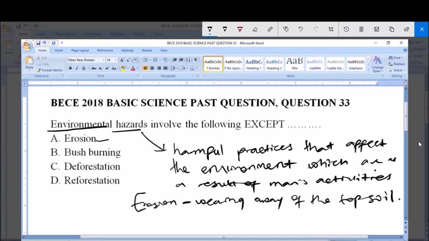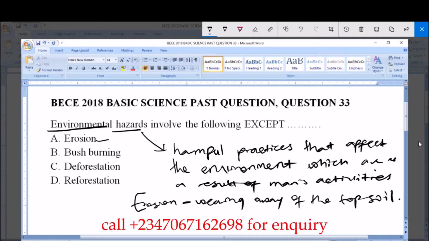They can wear away the topsoil, and this leads to erosion. Now, erosion will lead to the depletion of the soil nutrients, because as the topsoil is being blown away or washed away, the soil nutrients are being depleted, and this affects the environment, because it definitely affects plant production.